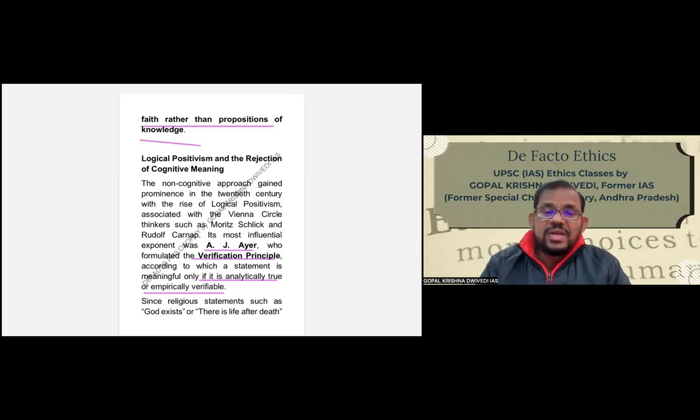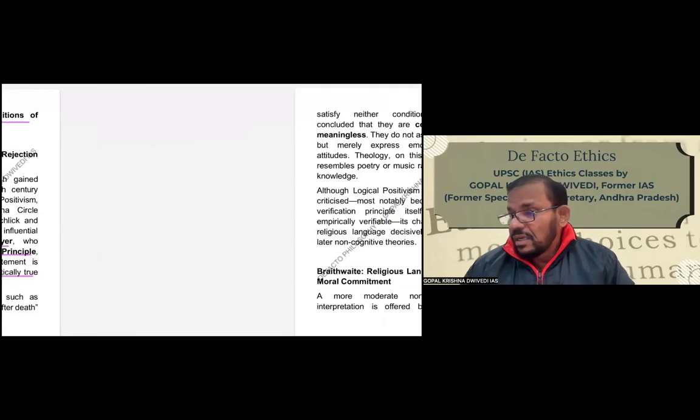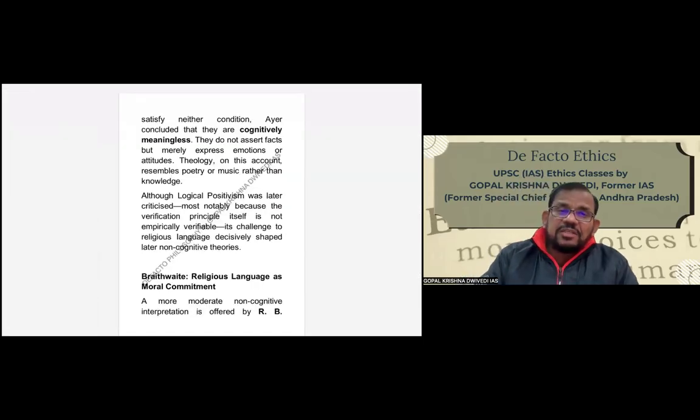All others are meaningless. So they say that religious statements regarding God, soul, immortality, life after death or rebirth, etc., satisfy neither condition. They are neither analytic nor empirically verifiable.